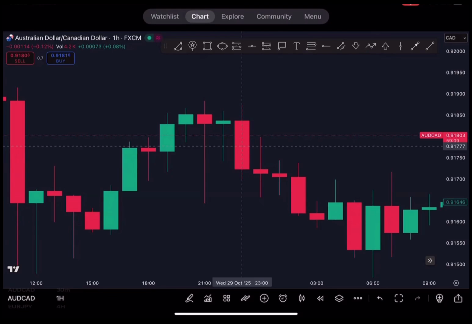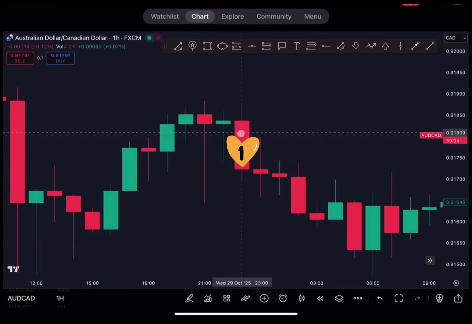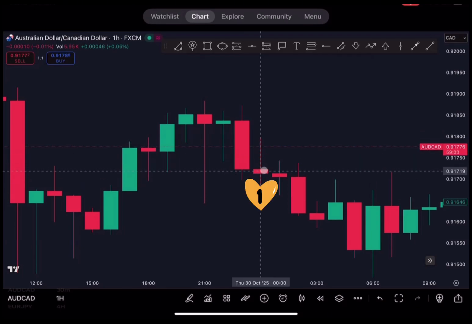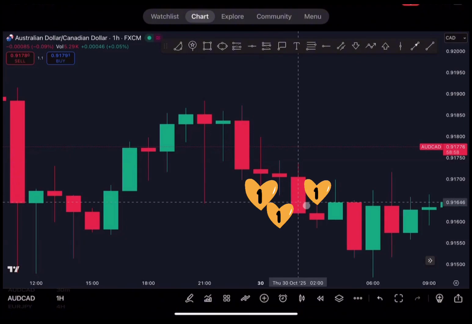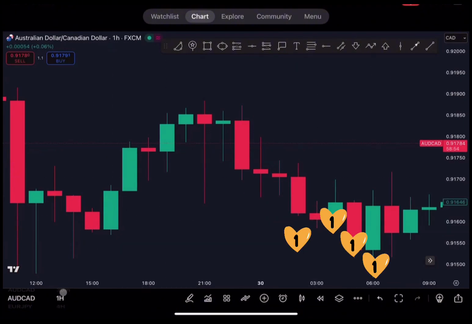So, for example, this candlestick right here represents 1 hour. This candlestick right here also represents 1 hour, 1 hour, 1 hour, and so forth. The reason for that is because I have my chart set to a 1 hour time frame.